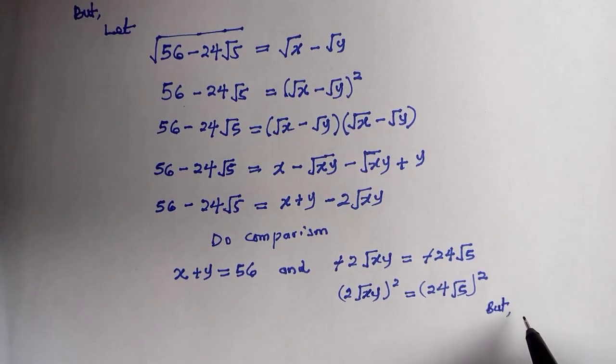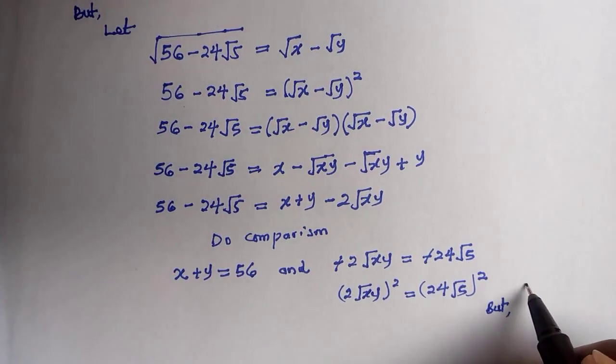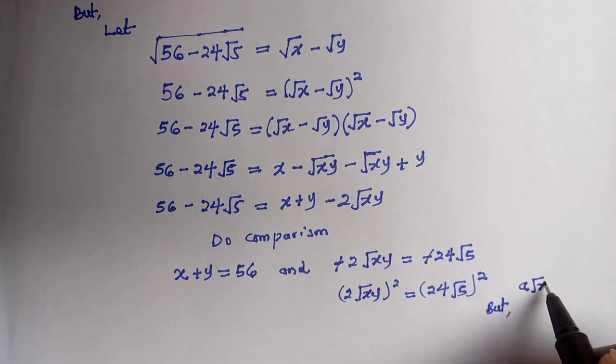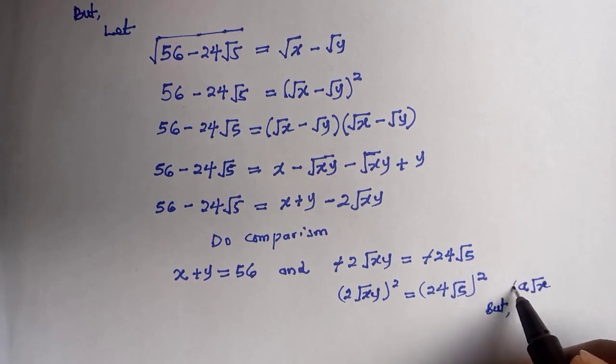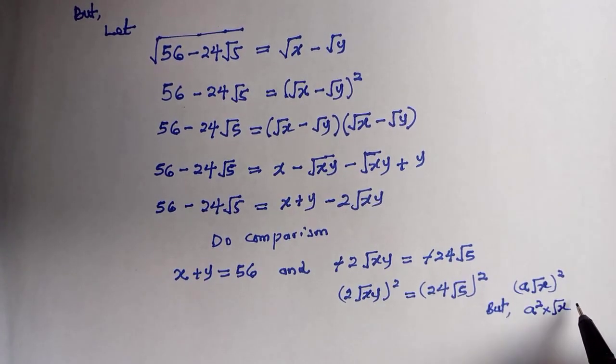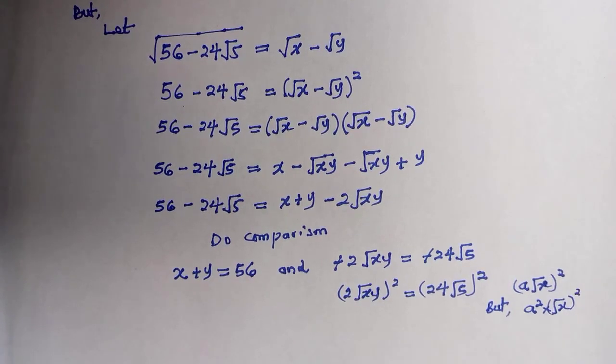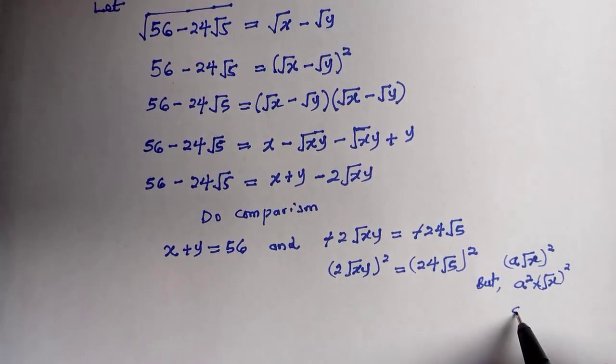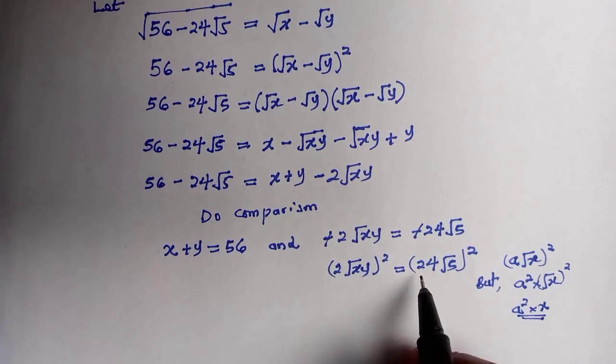But if you have, from this law of indices, a root of x, all squared, a will take its own square, and the root of x will also take its own square. So the root will cancel the square. Then we have a squared multiplied by x.